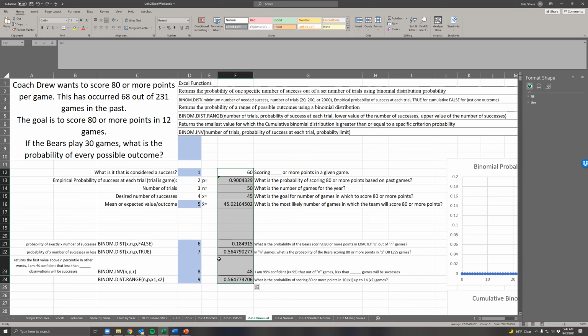And so I'm going to just randomly look around my office and see if I have something that I can calculate the binomial probability distribution of.